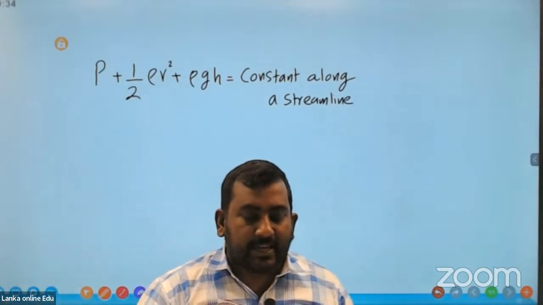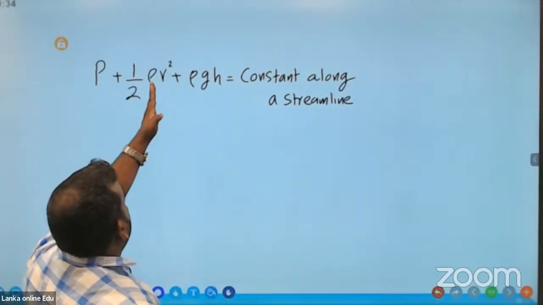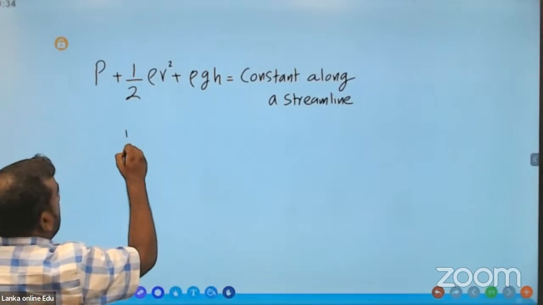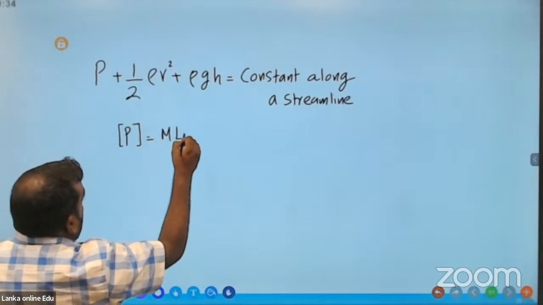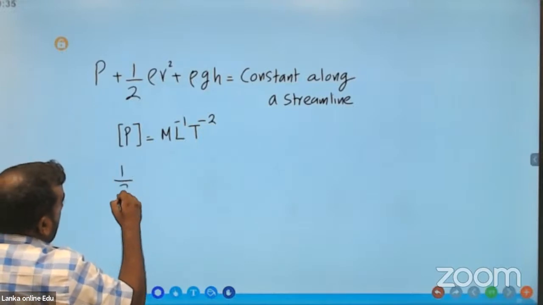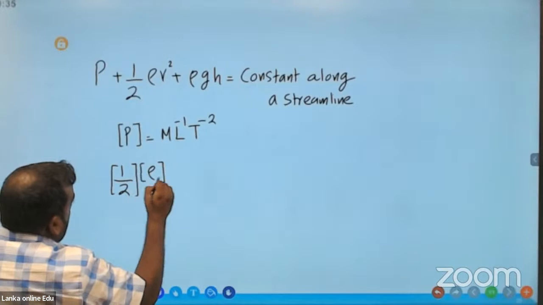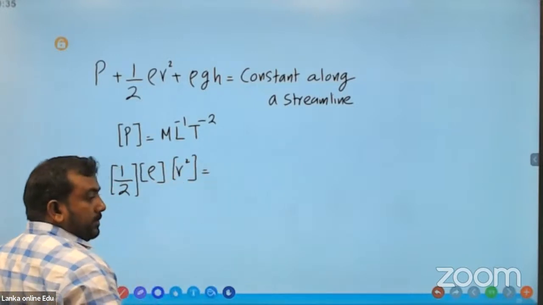What quantity does each term in the equation represent? Pressure. If you want, you can show it. Dimensions of P: M L^-1 T^-2. Half rho V squared: here also separately you can work it out.